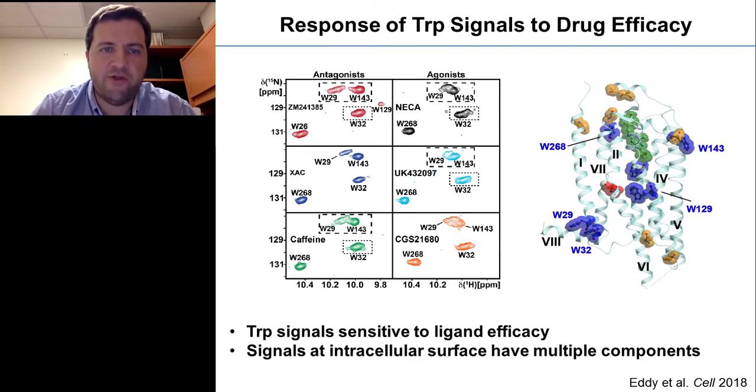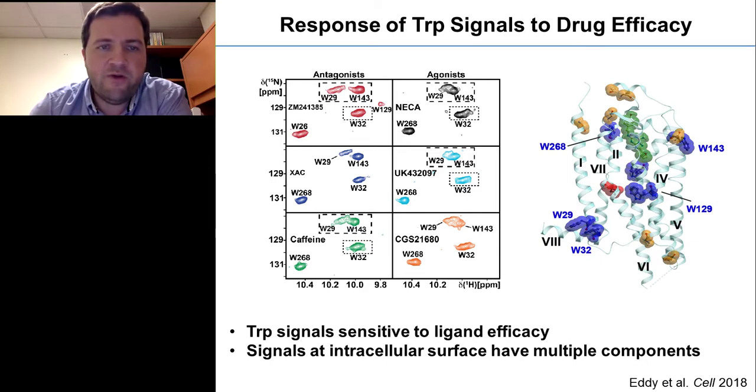There are 3 complexes with antagonists, shown on the left, and 3 complexes with agonists, shown on the right. These dashed and dotted boxes are important as well, and we'll get to them on the next slide.